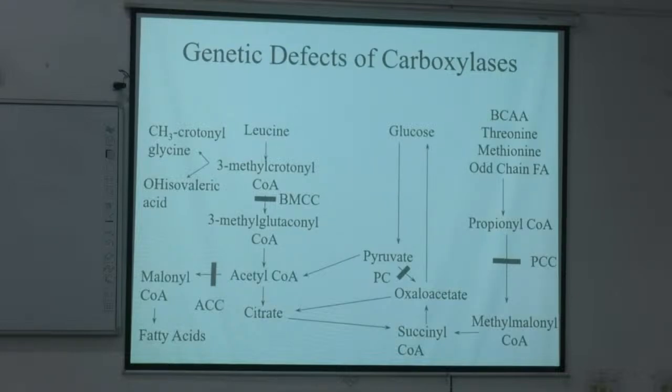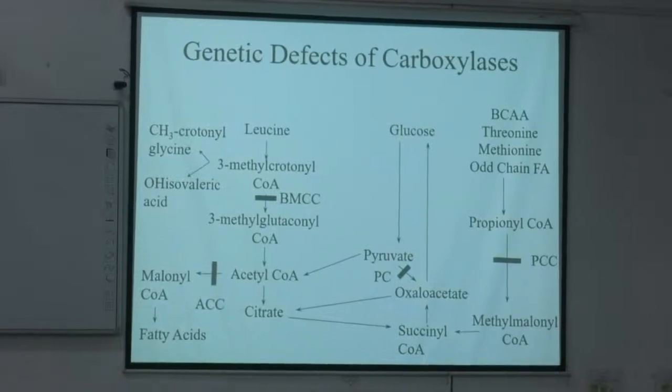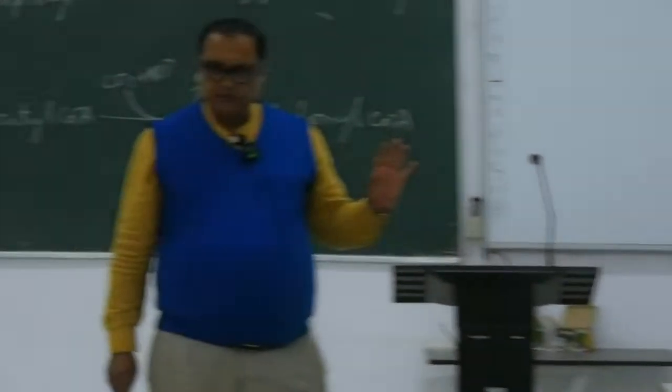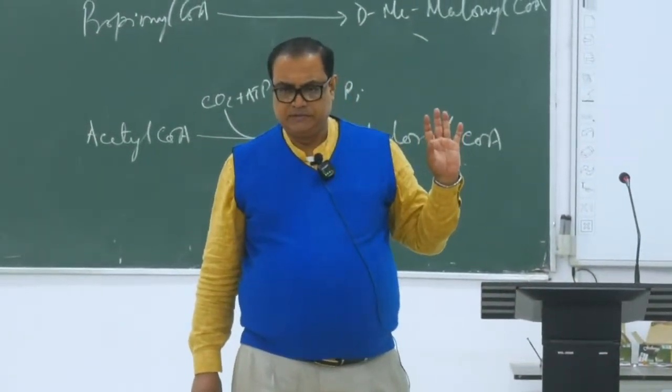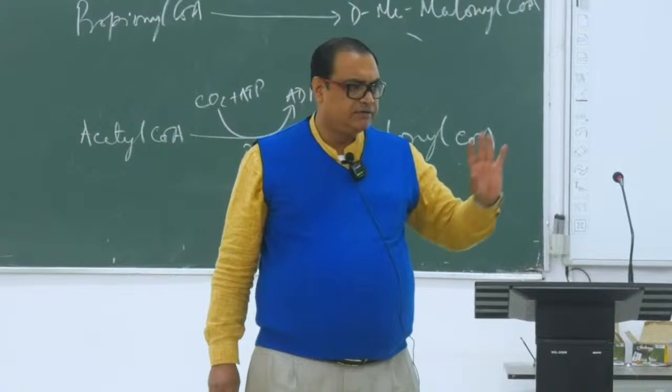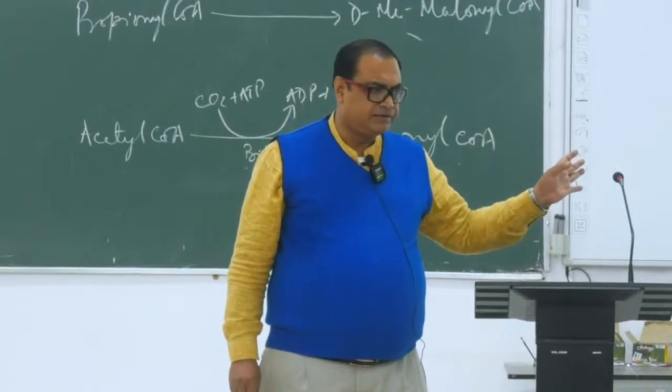Just go through it slowly, starting from any one end, either this end or that end. All the water soluble vitamins are important as cofactors or coenzymes. So you need to remember as many reactions as possible. If you remember reactions, you remember the coenzymes.